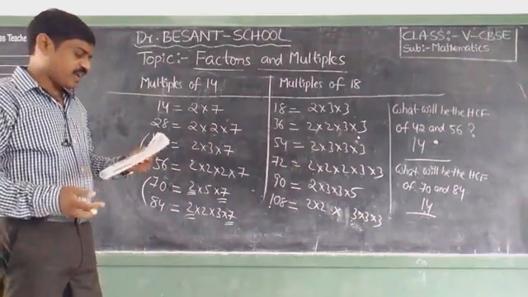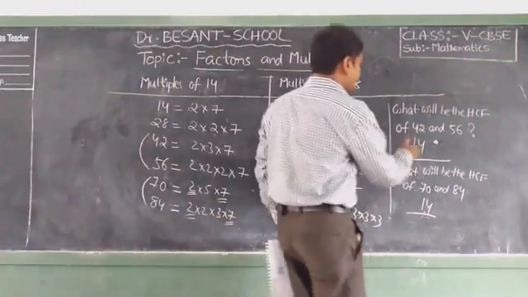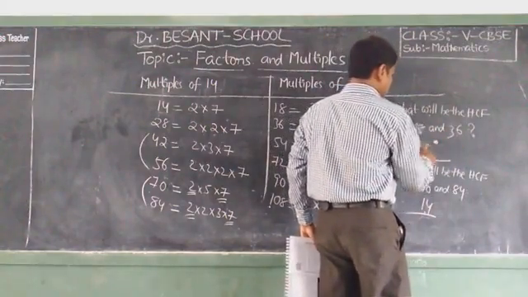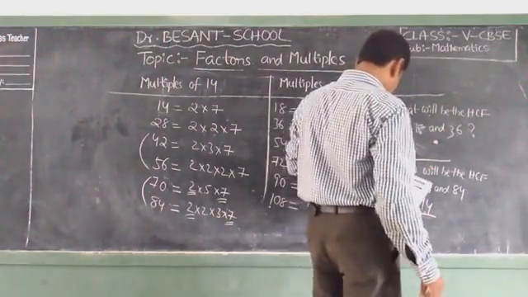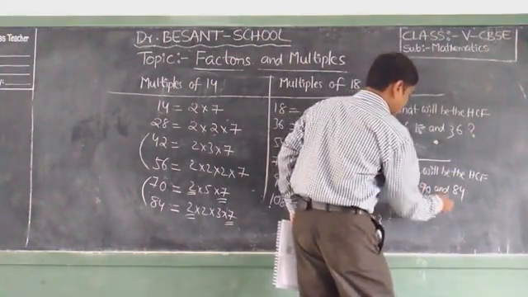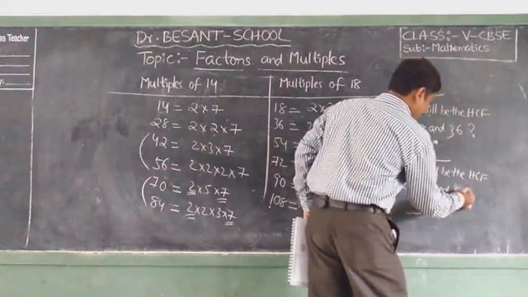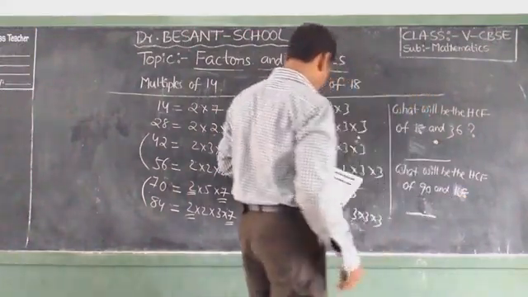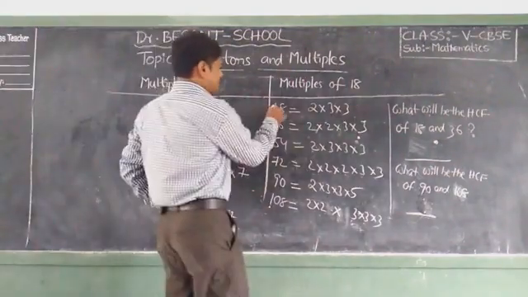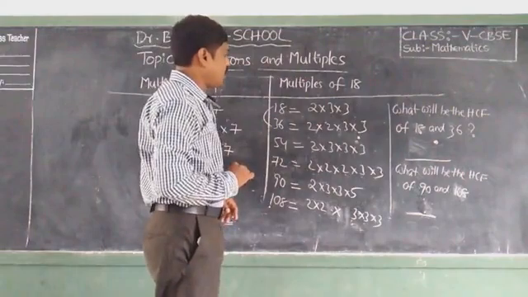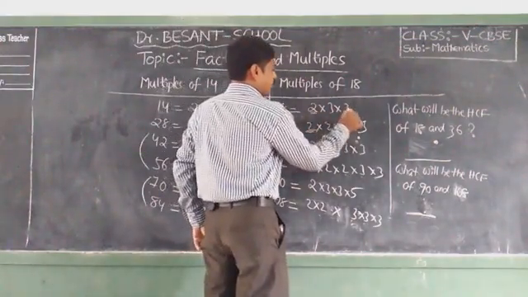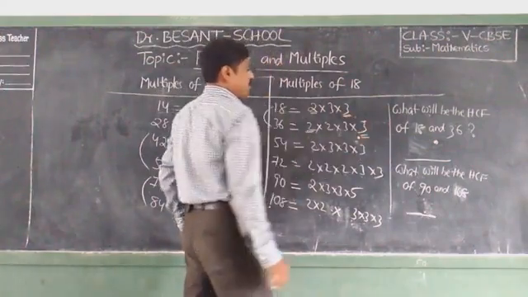what will be the HCF of 18 and 36? Next, 90 and 108. Observe here. 18 and 36, these two. So 2 is the common factor. 1 three is the common factor.